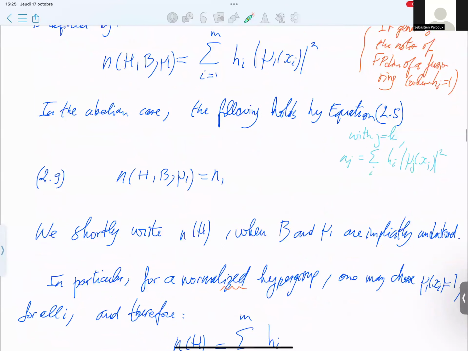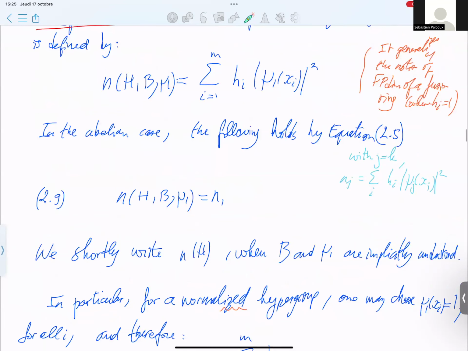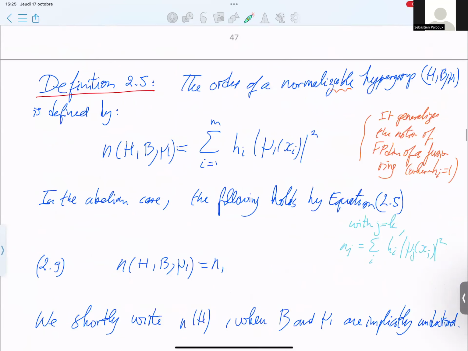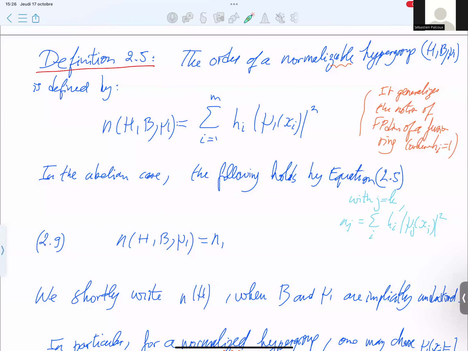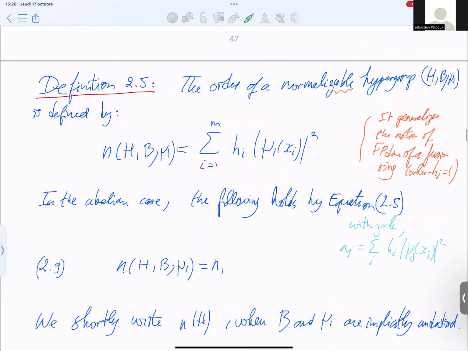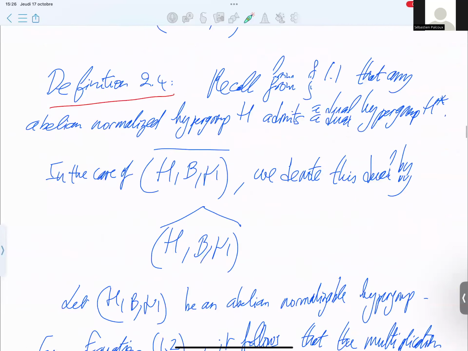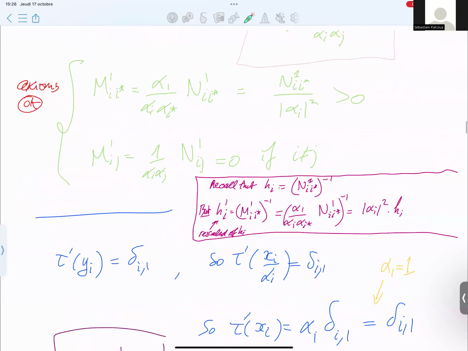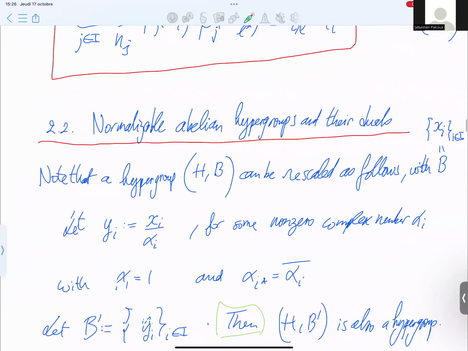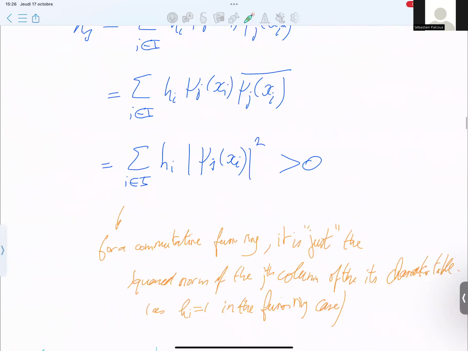Okay, so in the abelian case, following equation 2.5. If I'm not mistaken, equation 2.5 was the first or the second isomorphism. Here is the first orthogonality relation.